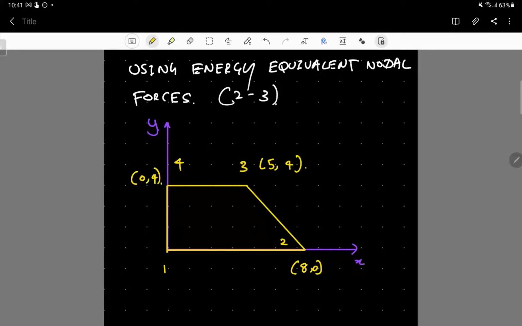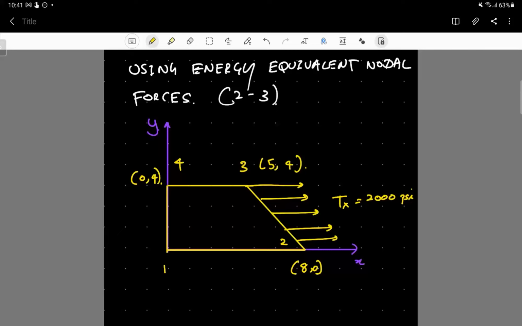And this is subjected to uniform traction forces along edge 2, 3, T is equal to 2000 pounds per square inch, acting in the X direction. So this particular element is subjected to uniform surface traction.